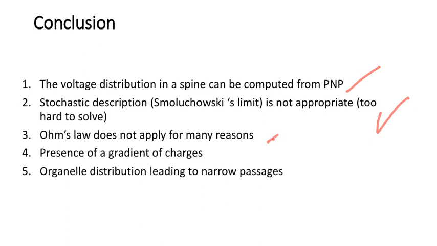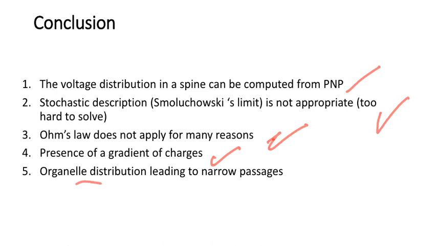Ohm's law does not apply for many reasons, and we have seen here the deviations from Ohm's law. This says that there are probably large gradients of concentration, especially when a current is injected, and we should expect a large penetration of the current inside the dendritic spine, which may have a lot of consequences that to date have been completely neglected.